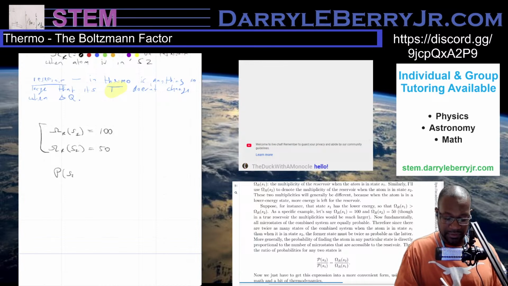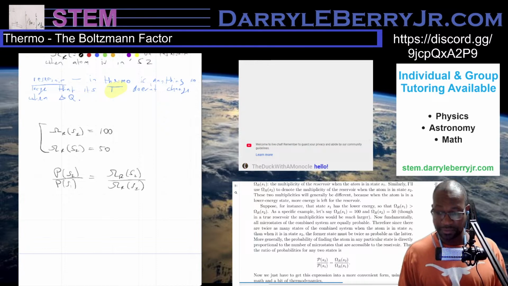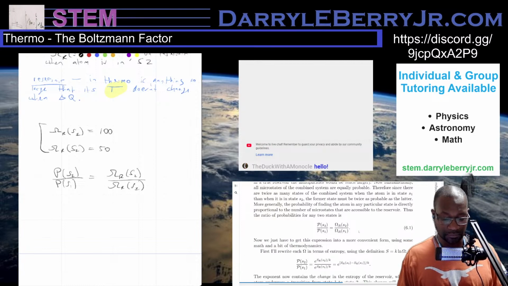So P(S2) over P(S1) equals the multiplicity of the reservoir when the atom is in state 2 divided by the multiplicity of the reservoir when the atom is in state 1. That's 6.1.